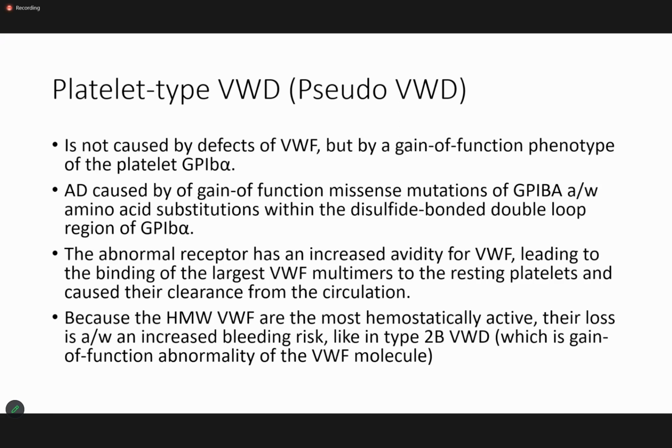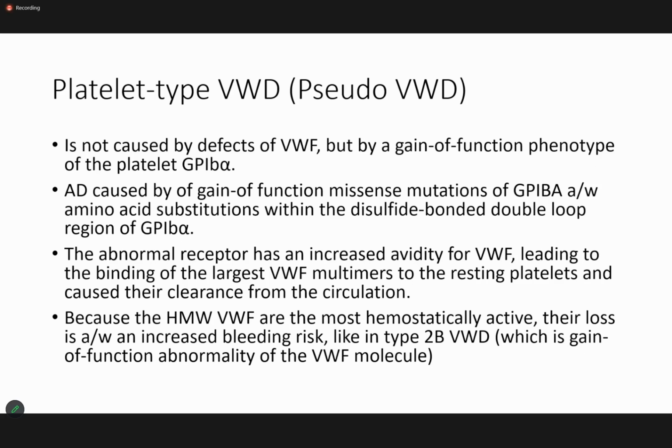The mode of inheritance is autosomal dominant, and it is caused by a gain of function missense mutation of GP1B alpha associated with amino acid substitution within the disulfide bond double loop region of GP1B alpha.